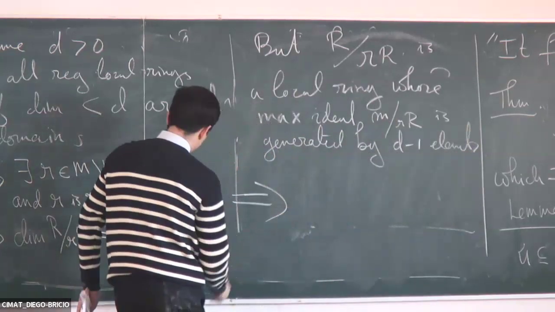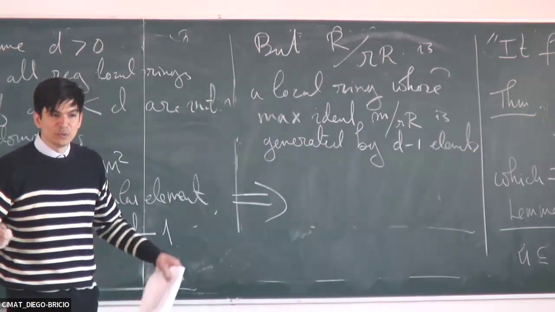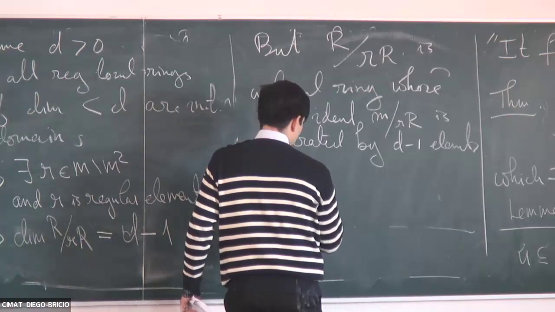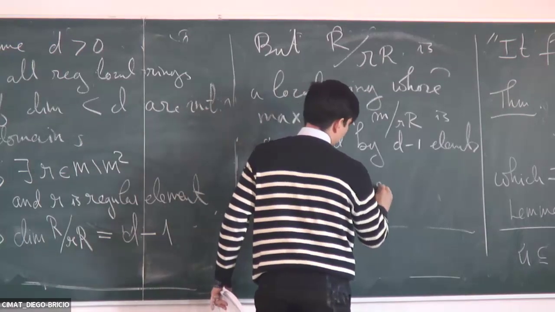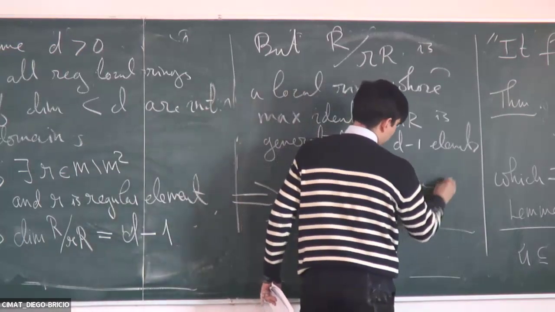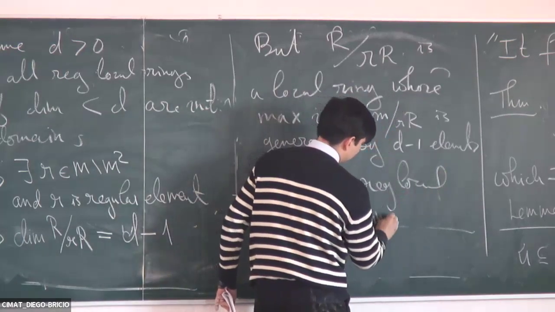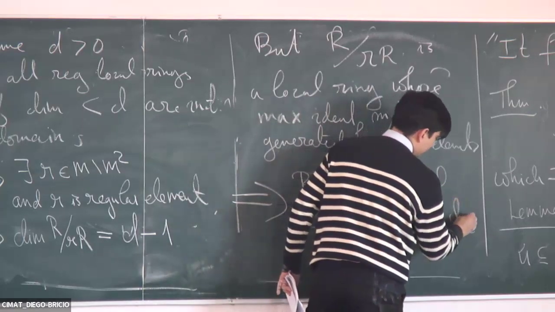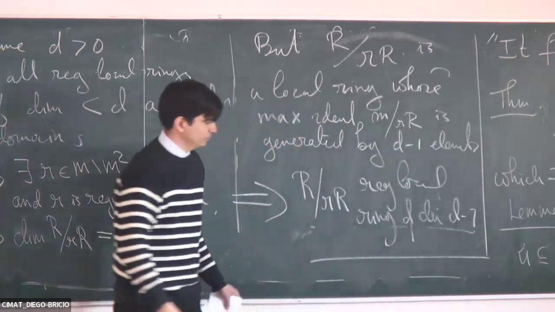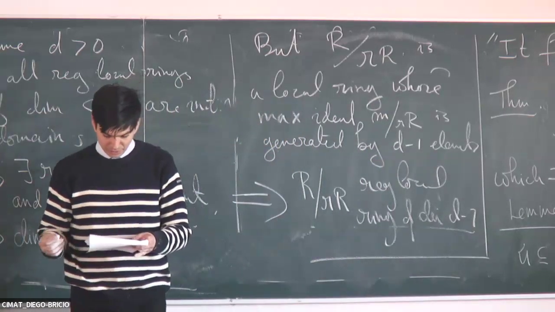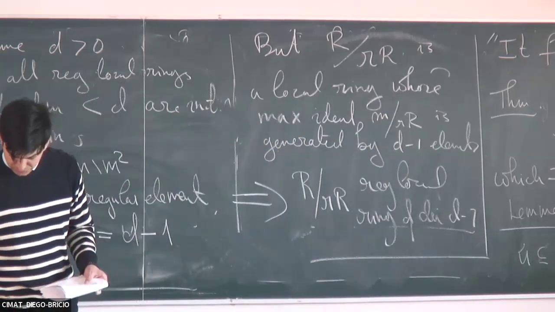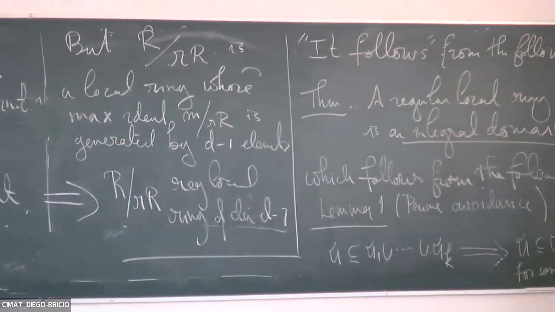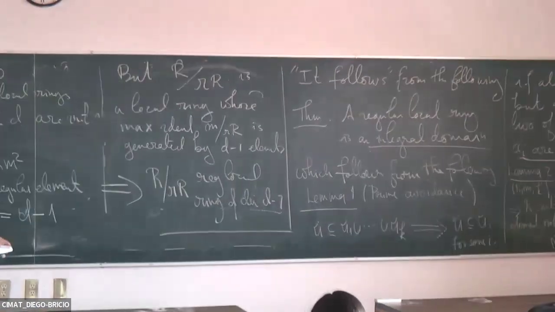In other words, it is a regular local ring of dimension D minus 1. Therefore, we can apply the inductive hypothesis. Let me move here. I'm going to zoom out a little bit.